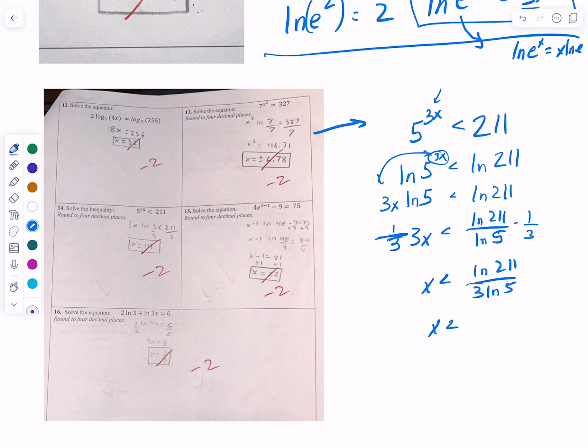Divided by 3 times log 5. And it wants it to 4 decimal places. It's nice when they tell you it's 4 decimal places, then you know that it's going to be a tricky answer and that you're probably using your calculator. 1.1084. That's what I get. All right.